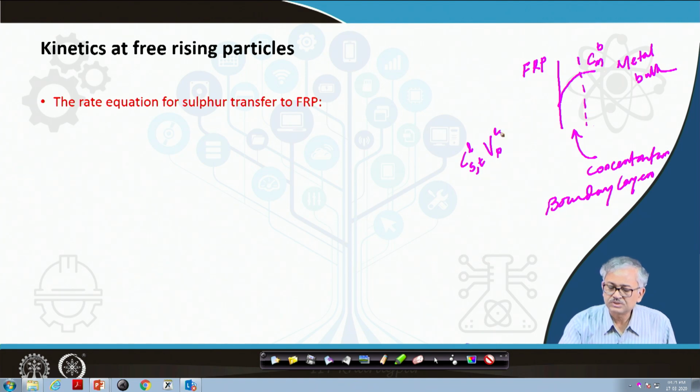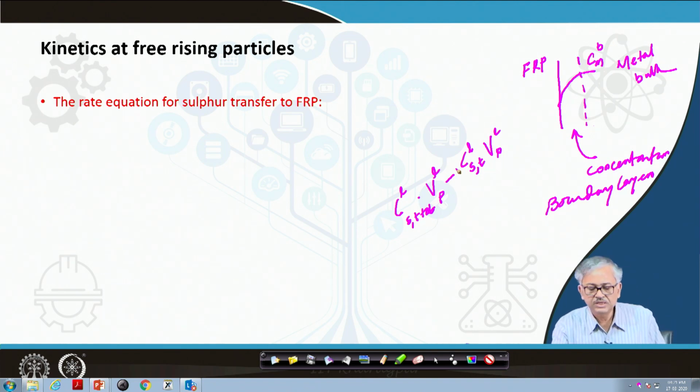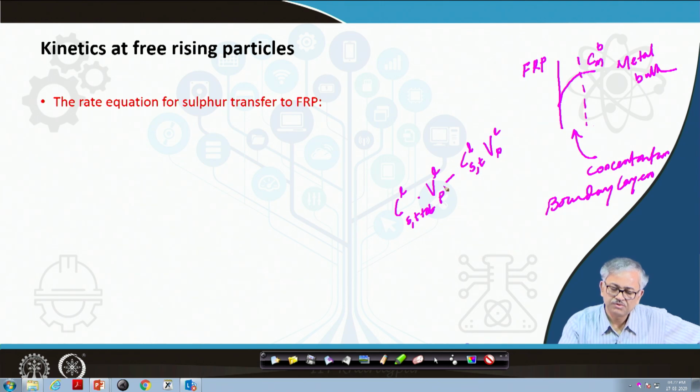So initially this was the concentration in the FRP at time T, and suppose at time T plus delta T you have this concentration into VPL, this is the total mass. So this is the mass of impurity at time T plus delta T, minus the mass of impurity that was there in the FRP initially at time T.